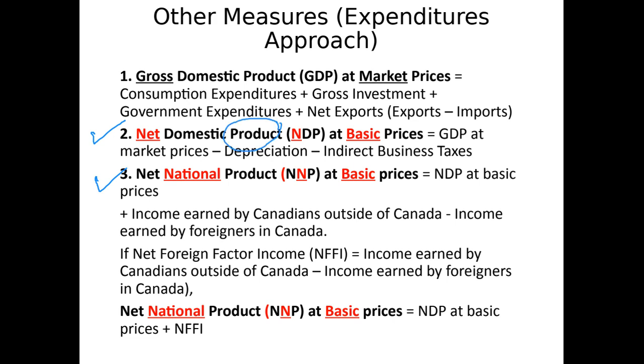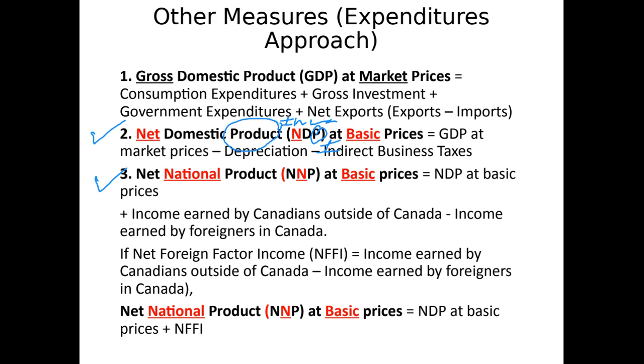So instead of P, we just write I. It doesn't make any difference. There's no difference between GDP and GDI. The only difference is that you have used two different methods to calculate. GDP is using the expenditure method, and GDI, that is gross domestic income, is using the income approach.